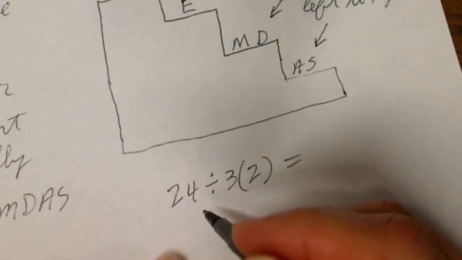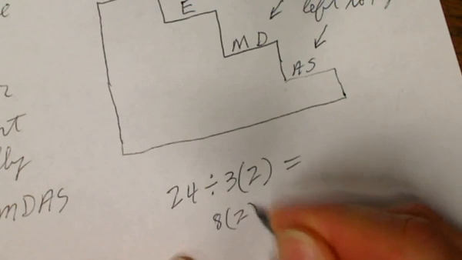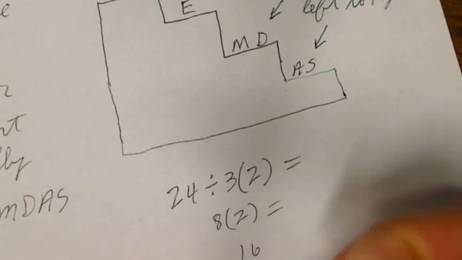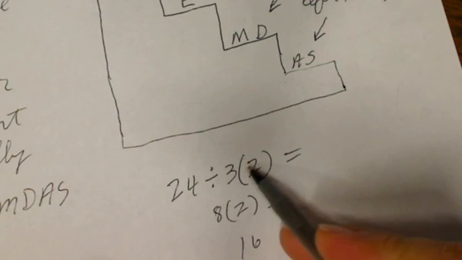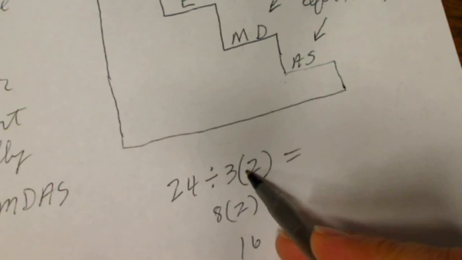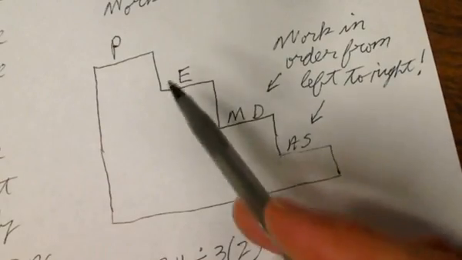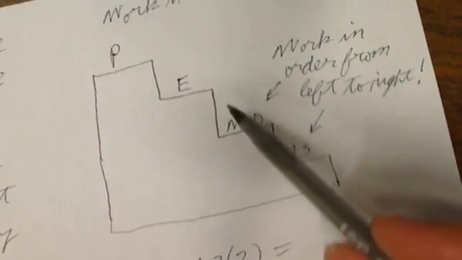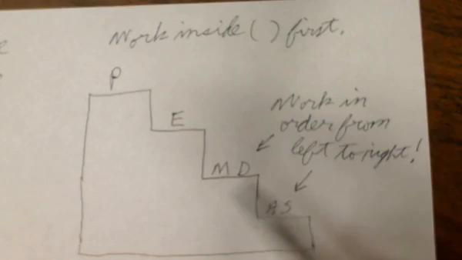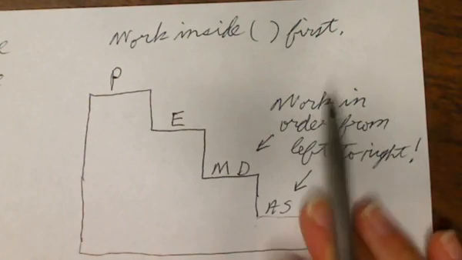The correct answer is 24 divided by 3, which is 8, multiplied by 2, which is 16. Most people will do 3 times 2 and get 6. 24 divided by 6 is 4, and that is the wrong answer. So be careful however you learn the order of operations that you apply it correctly. This picture of the Olympic steps is probably the best way for you to remember it.